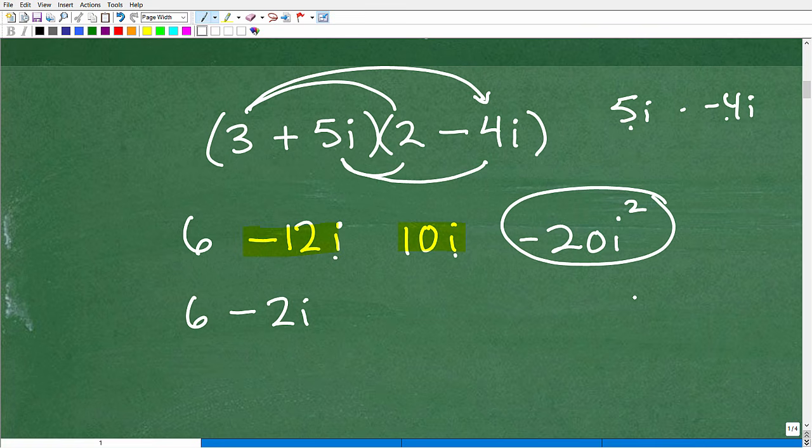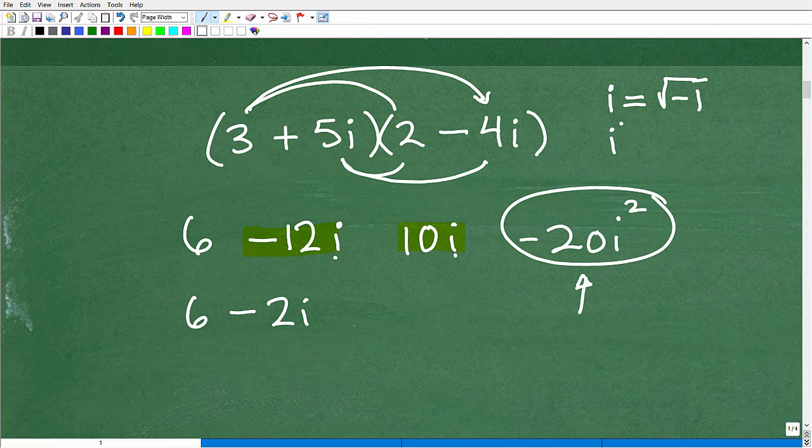Okay, so that's good. So now we just have to figure out what to do with this thing, negative 20i squared. All right, so the first thing we need to understand to be able to simplify this is what is the definition of i, okay? So i equals the square root of negative 1. All right, again, I don't want to turn this into a complete lesson on complex numbers, but hopefully you understand this, right? So this imaginary part is equal to square root of negative 1.